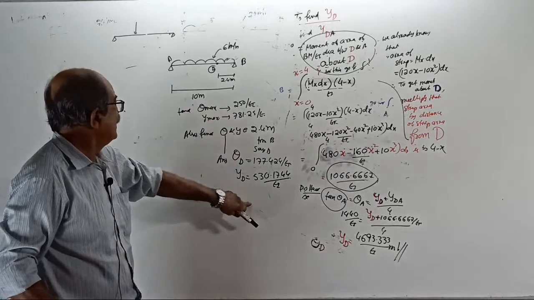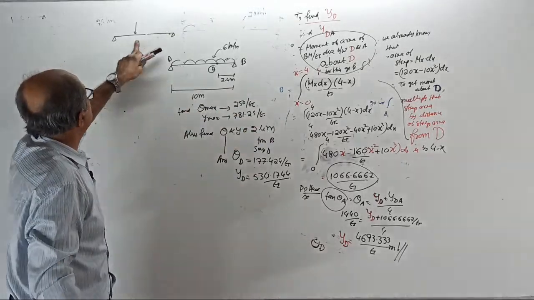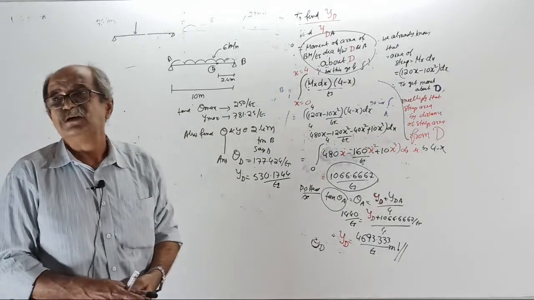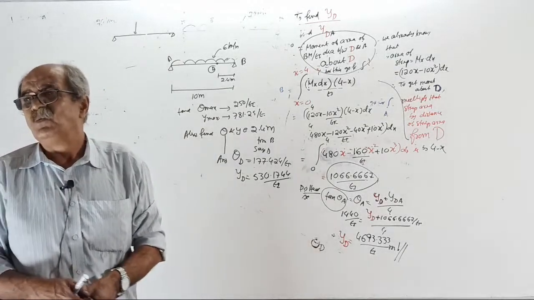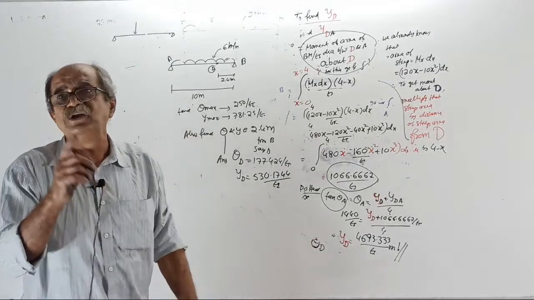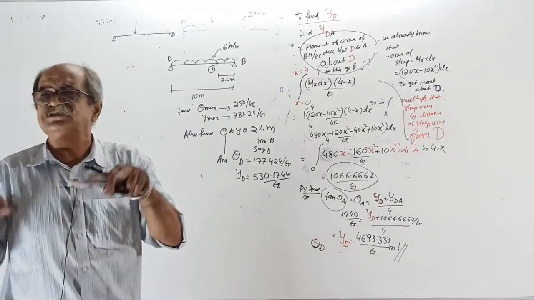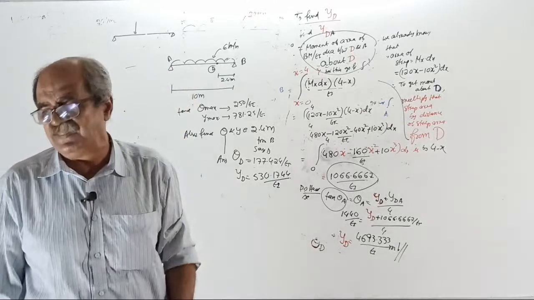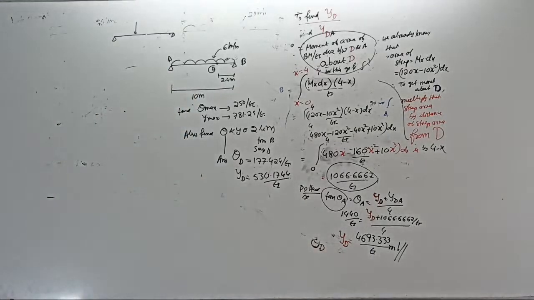Okay, then I will conclude today. Tomorrow I will take the unsymmetrical case. One question I will solve systematically, because now the zero slope point is to be located. One question systematically, then the conjugate beam method. Agreed?